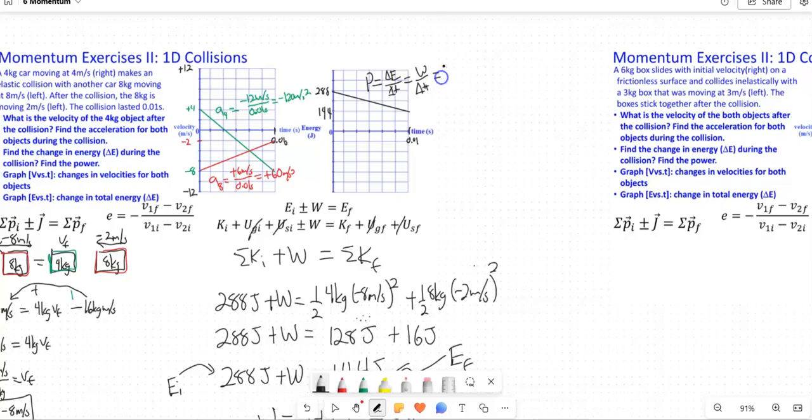So that's going to be equal to negative 122 joules over 0.01 seconds. So the power is going to be negative 122.00 watts. So it's dropping a lot of power. A lot of power is leaving that system per second.